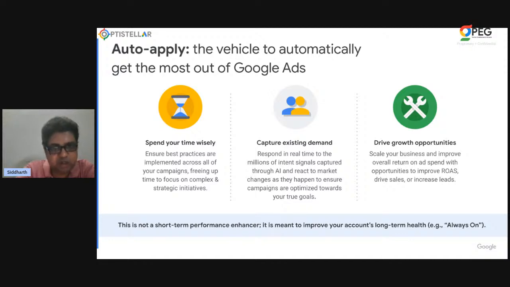And just wanted to say here as well that, as it is written here, auto apply recommendations is not a short term performance enhancer. It is there to help you maintain your account health in the long term.